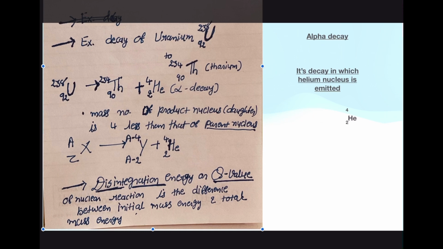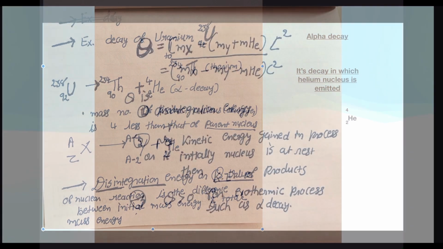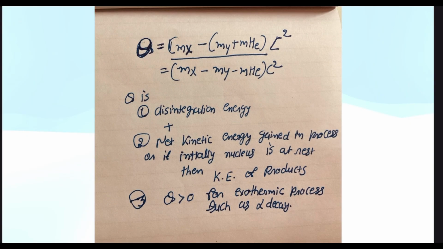Now, the disintegration energy or Q value of a nuclear reaction. It is the difference between the initial mass energy and the total final mass energy. According to the formula, Q is equal to mX minus mY plus mHe, times c square, which is equal to mX minus mY minus mHe, times c square.